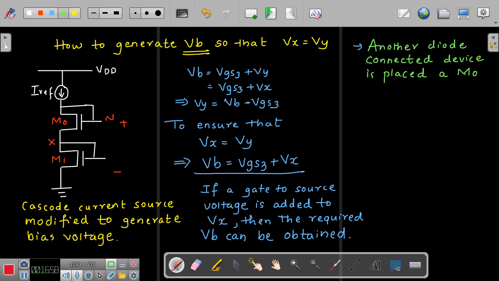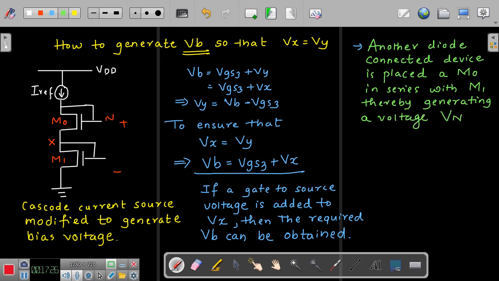Another diode connected device is placed at M0 in series with M1, thereby generating a voltage Vn.